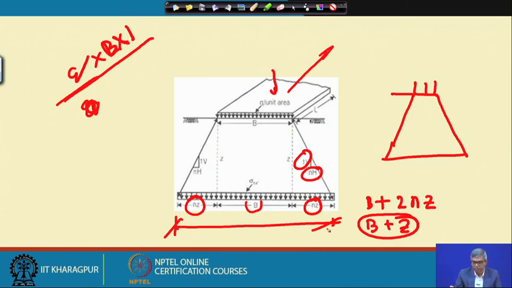The width will become B plus Z, and similarly the unit width will also change. That divided by this will give you the pressure intensity, which will be reduced at this point. That is the one generally we take, called trapezoidal dispersion. That is the simple way we sometimes calculate in practice.